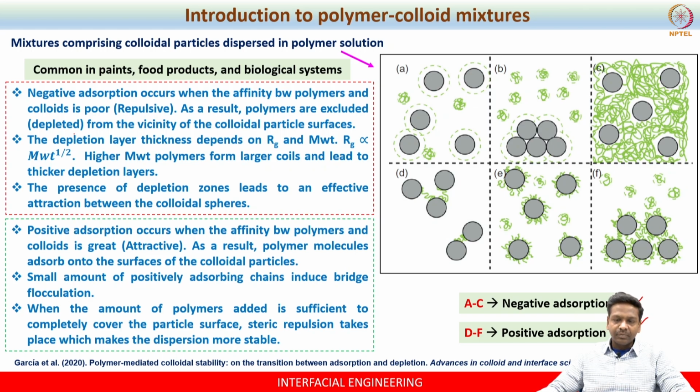Because they don't share great affinity and they create a depletion layer around the particle surface, there will be an osmotic pressure imbalance because of this condition. So in order to get more accessible volume, the polymer molecules will push these colloidal particles, such that they get more free accessible volume.